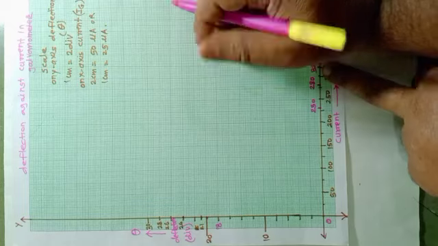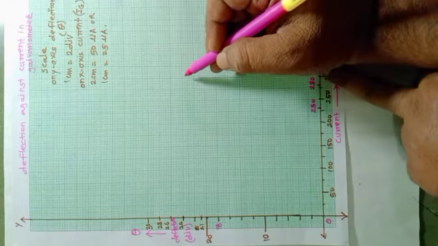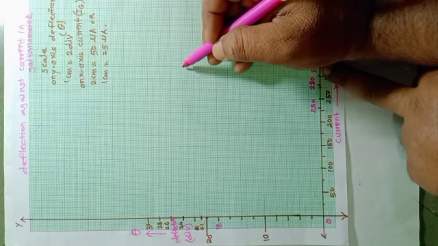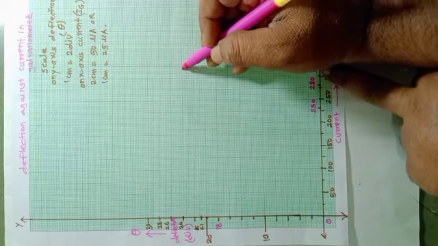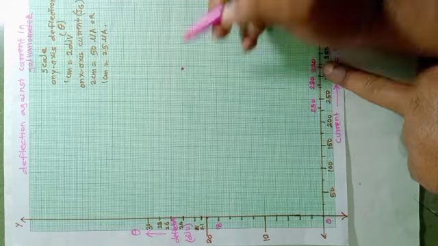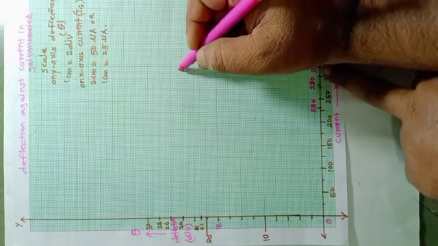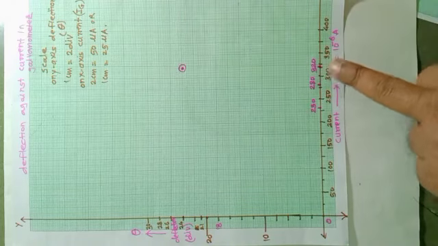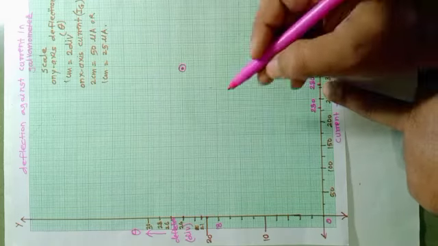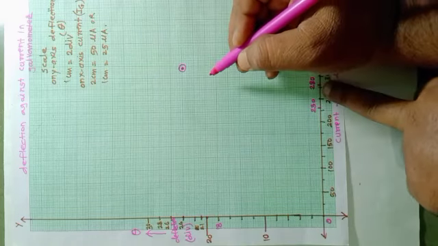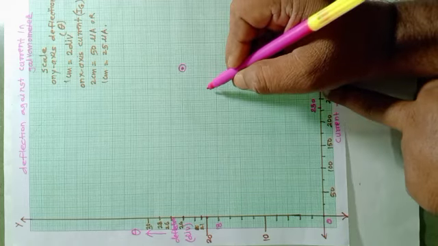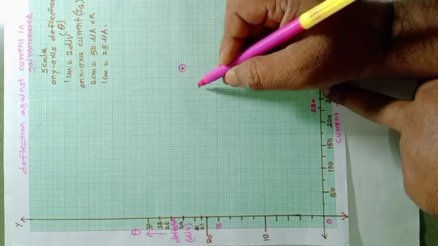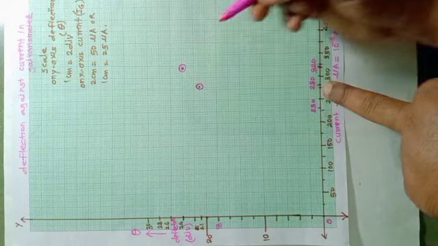So here 320, 24, so the point appears here. Again for 280, 21. So here 280, 21. The point appears.